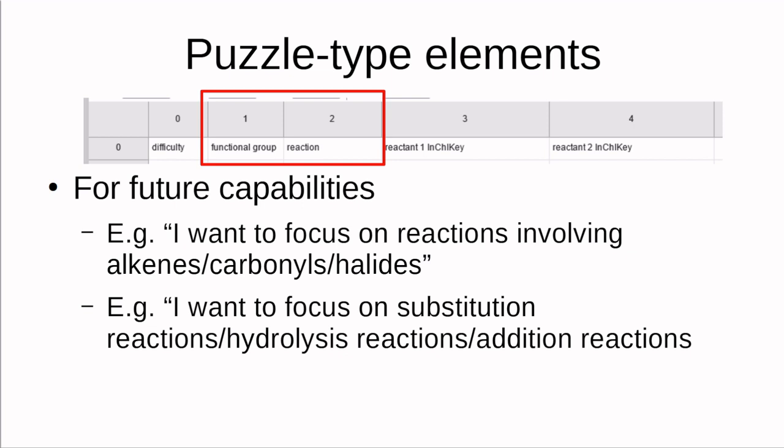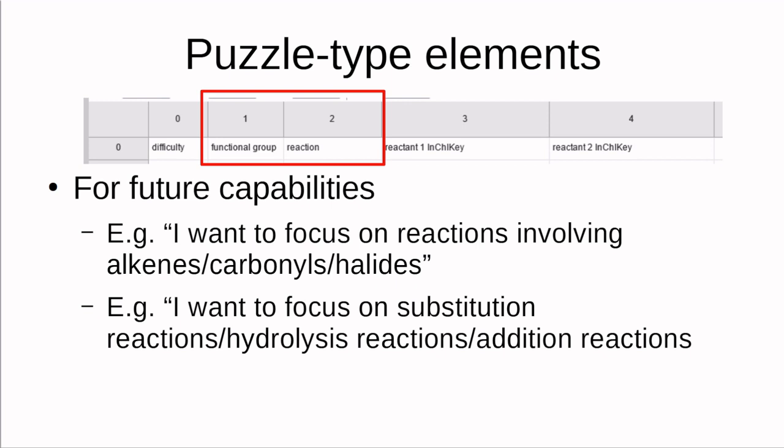Eventually, I'd like the game to be able to handle that level of customization in the puzzle selection process. And so I made a column for reaction or functional groups for each puzzle so that you can identify this puzzle is an alkene reaction. And later on, maybe there'll be features to use that.